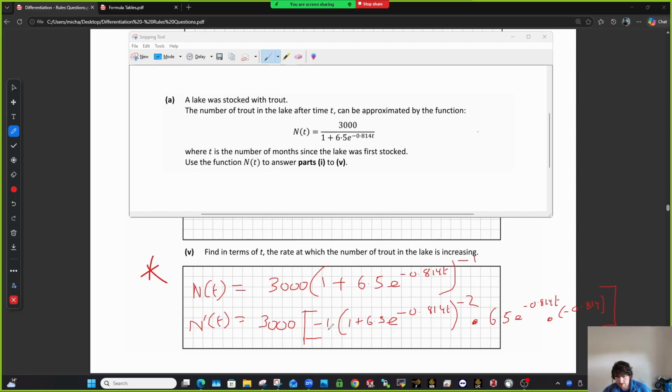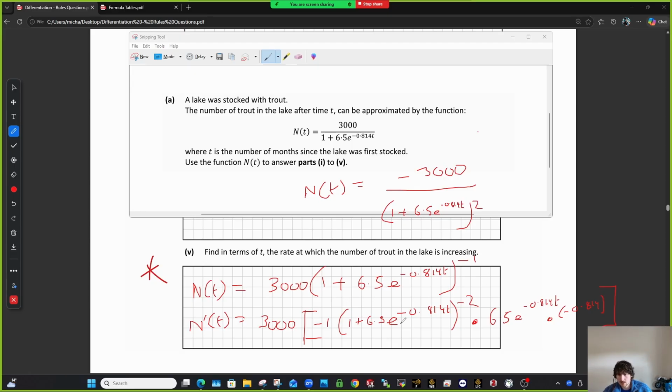If you did want to tidy it up, you could have your n dash t. You'd have your minus, you multiply in the 3000, you get a minus the things to the power of minus 2, so it's really just the same thing squared on the bottom. 1 plus 6.5 e to the minus 0.814 t.